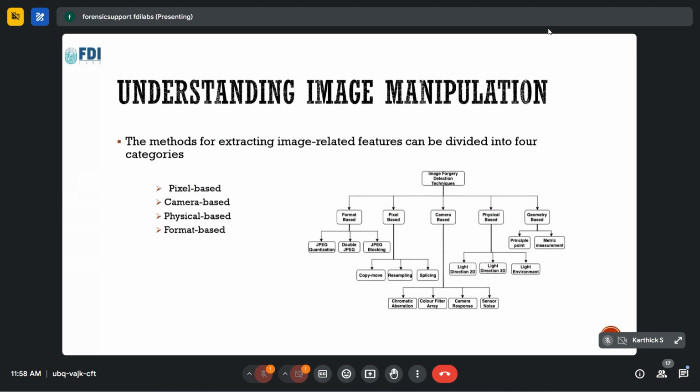Physical based is about the interaction between the camera, the lighting conditions of the photo, and the object in that particular photo. These three, the camera, the light and the object, will be studied under the physical based techniques.